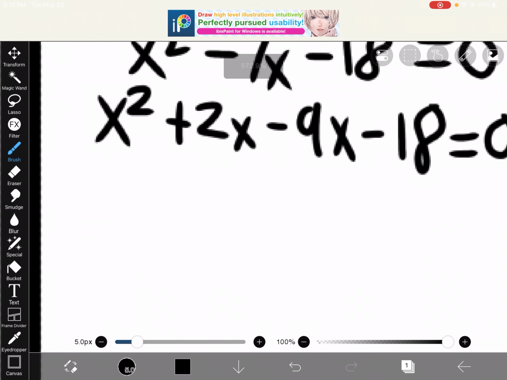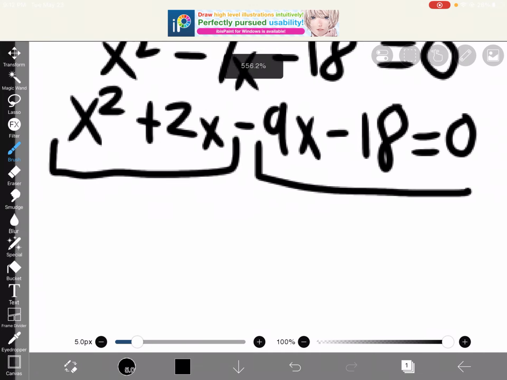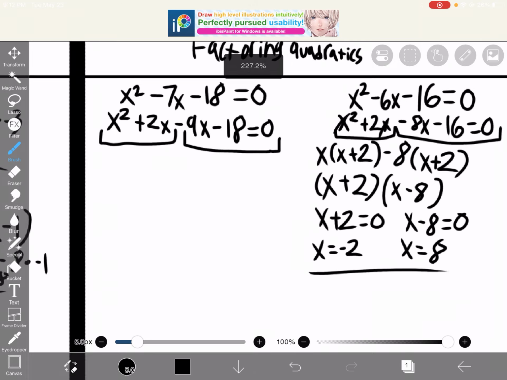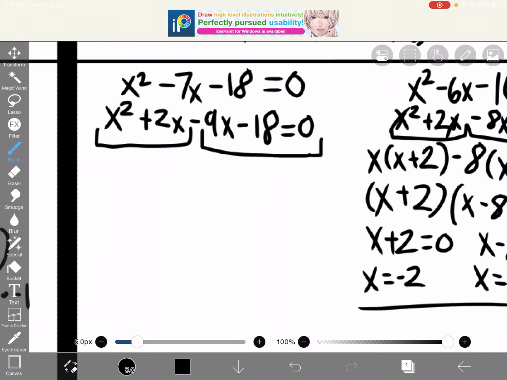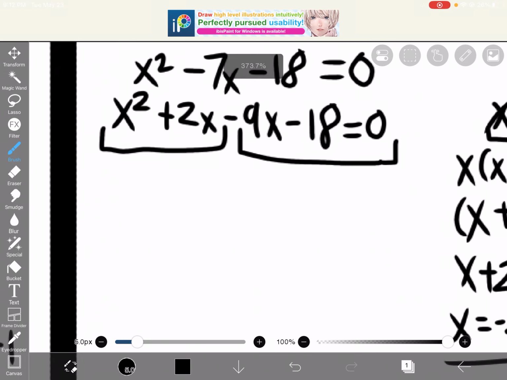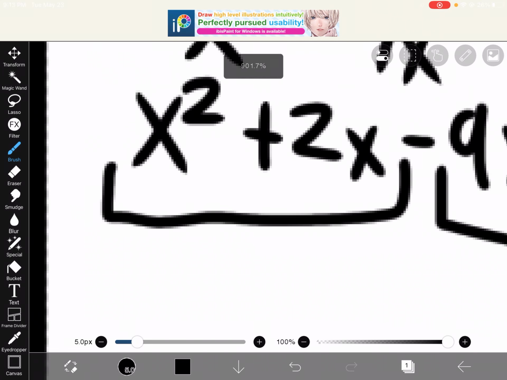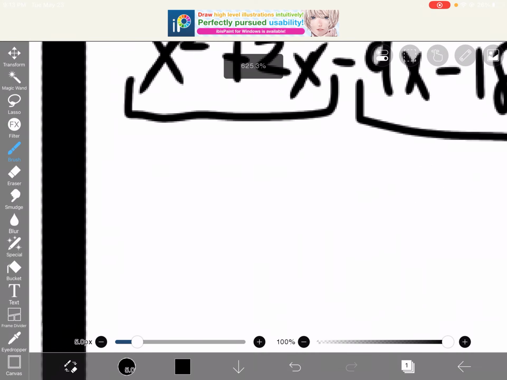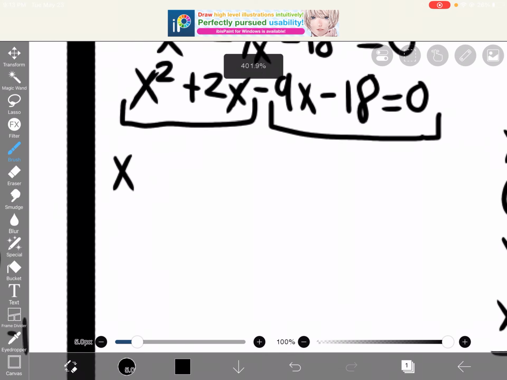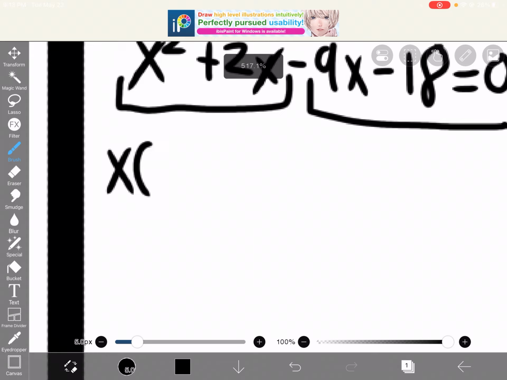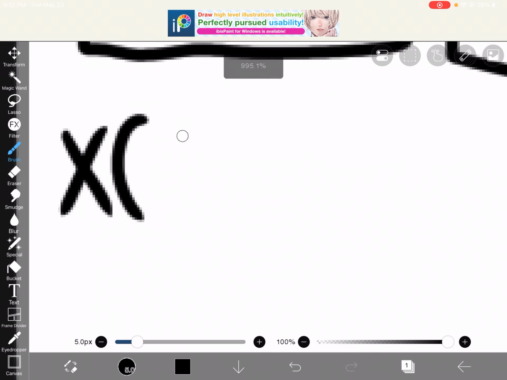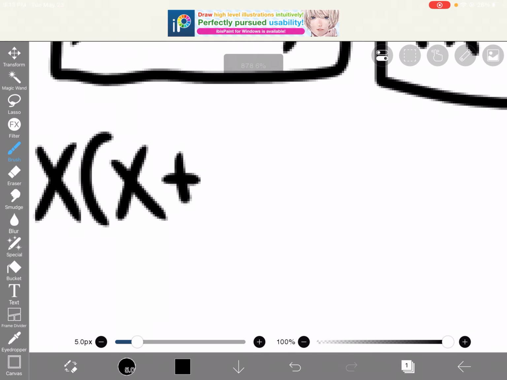Then now we have our groups right here, and the greatest common factor here is x. That would be x times x plus 2.